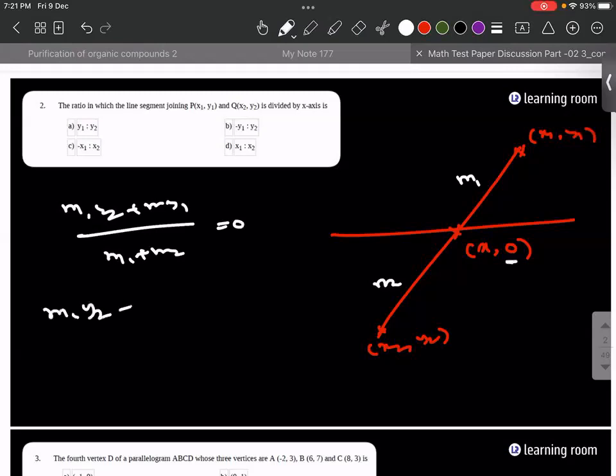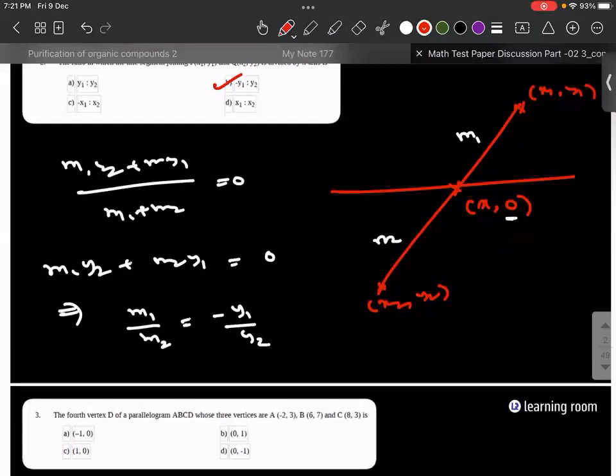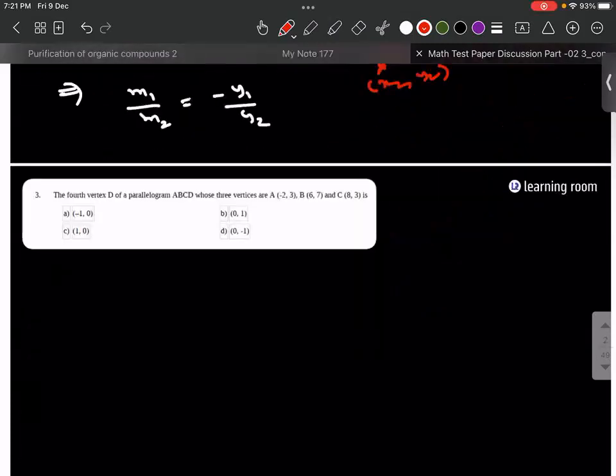So m1 y2 plus m2 y1 should be 0. So what will be the answer? Minus y1 by y2. Option B is the right answer. Let me check. Correct.